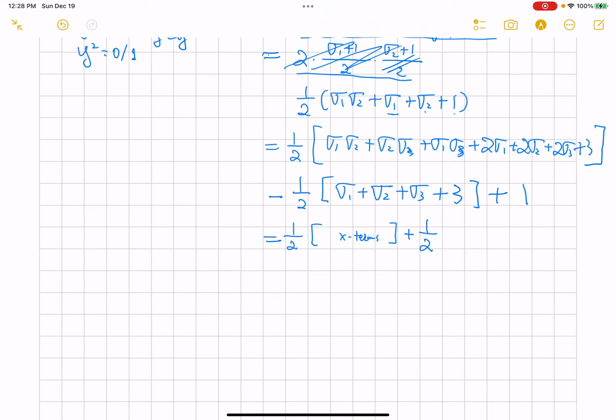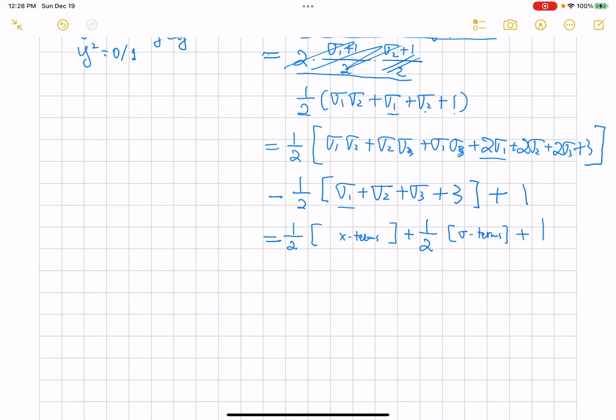You see here I have 2 sigma 1s. Here I'm subtracting 1. So in the end, I am left with still 1/2 the single terms, sigma terms. Okay, and then I have 3/2 minus 3/2. Okay, no, yes, that cancels out, and I'm just left with a big 1. That's my term.